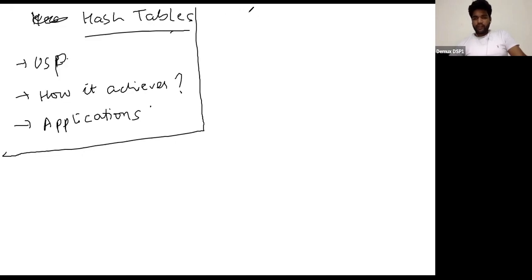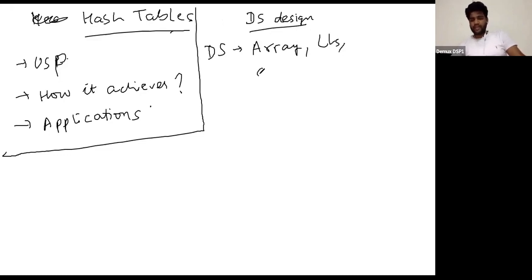Now we will do some basic data structure design. The premise is that you have some primitive data structures known to you. You know arrays, linked lists, stacks, queues, and hash tables now. Any other data structure that you know?